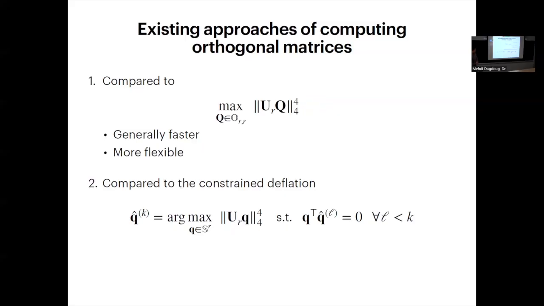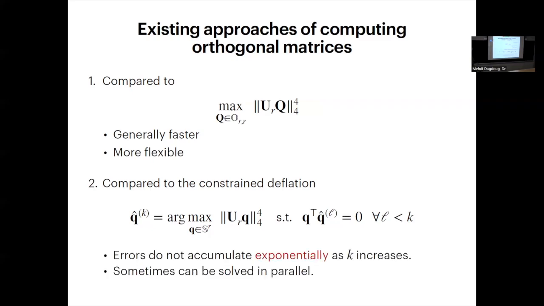You don't need to finish extracting all R components to start with. Okay. And second, there is a more natural way to formulate a deflation procedure where when you want to compute the subsequent columns, you enforce orthogonality to the previously recovered ones. Basically by doing this, you don't need a final orthogonalization in the end. However, the error for estimating the first column would get translated to all the subsequent columns.